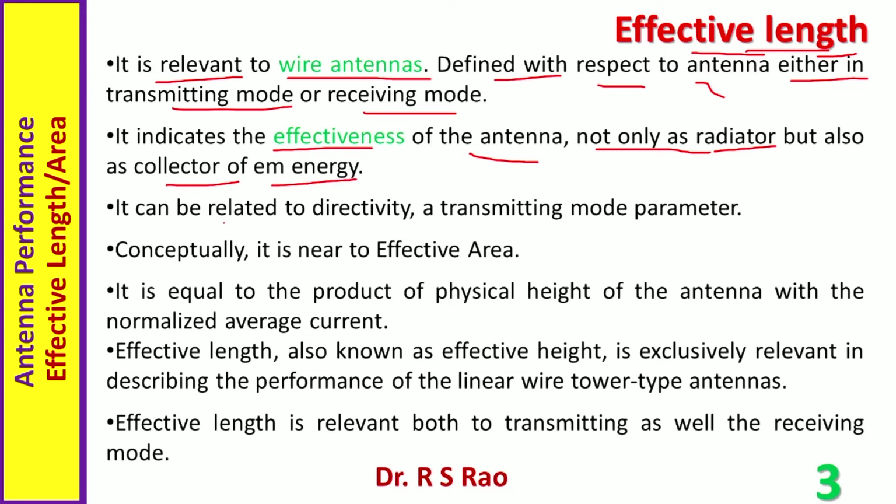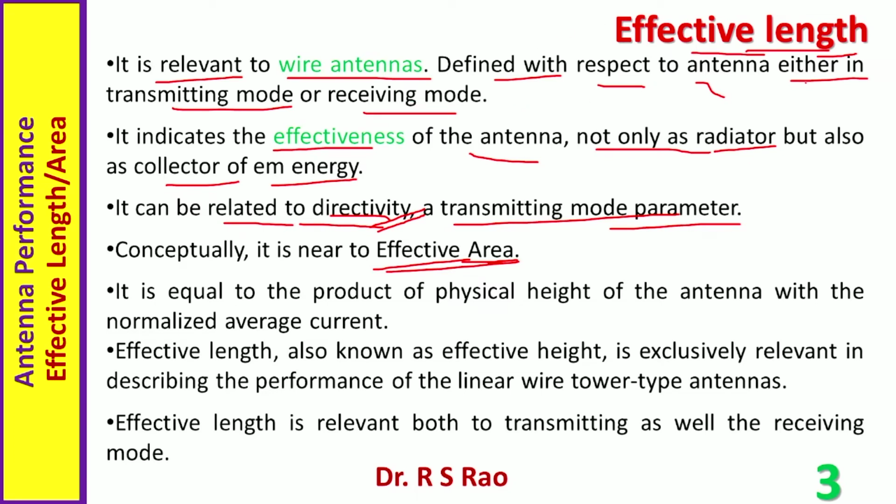It can be related to directivity, a transmitting mode parameter. Conceptually, it is near to effective area. Notice directivity is a transmitting mode parameter, whereas effective area is a receiving mode parameter.